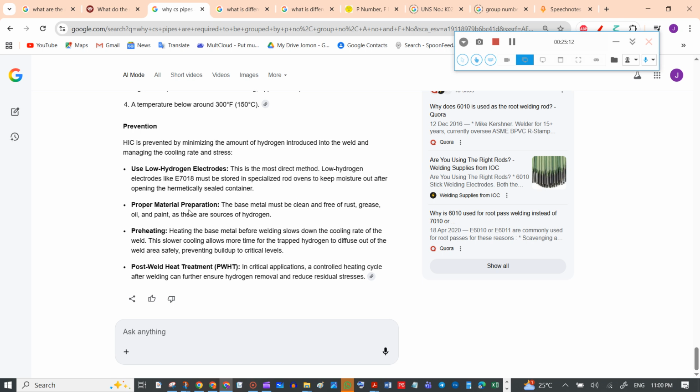Then proper material preparation. Base material must be clean, free of rust, grease, oil or paint, as these are sources of hydrogen.